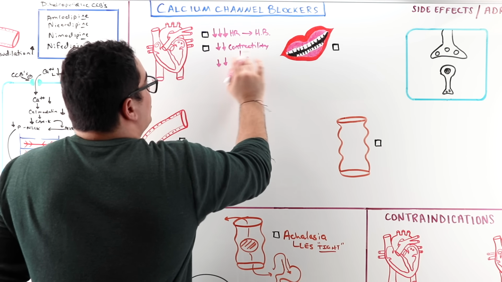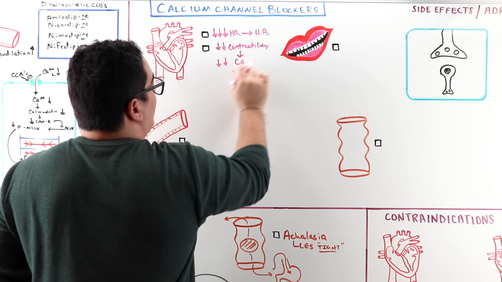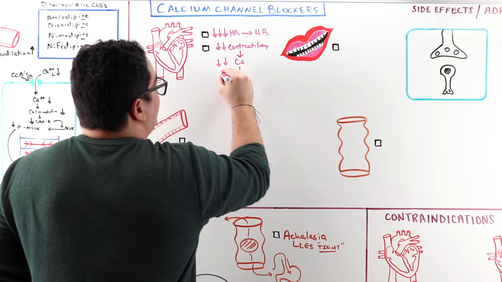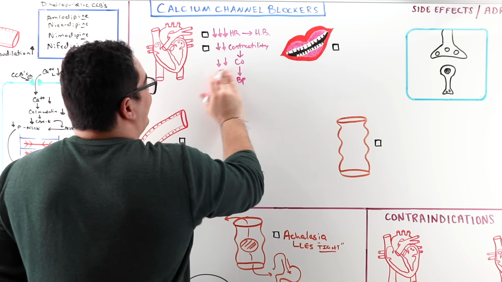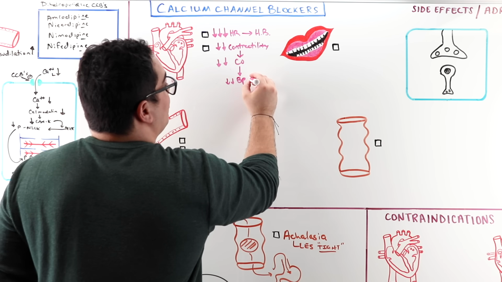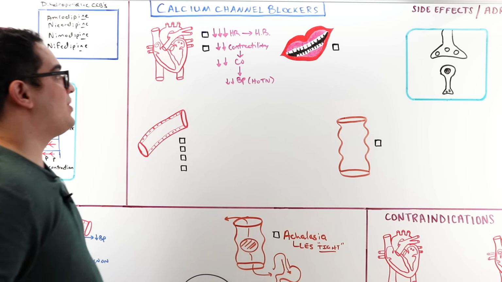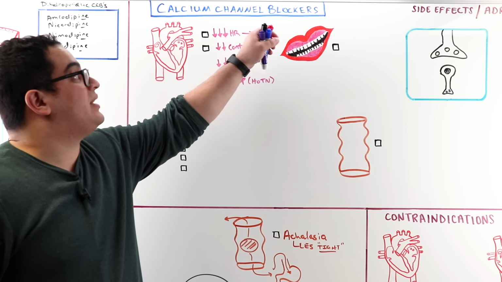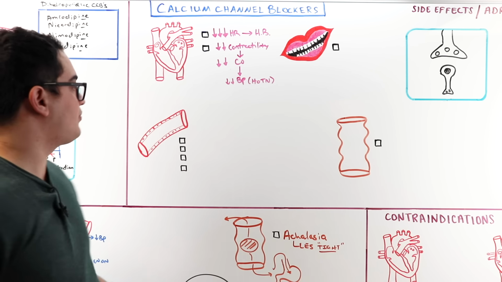If you reduce contractility, you reduce cardiac output, and that can reduce their blood pressure, leading to hypotension. So a potential side effect is bradycardia, potentially heart block, as well as hypotension.